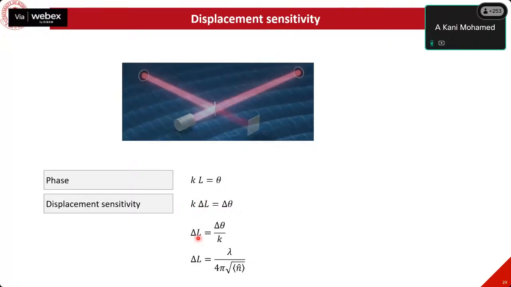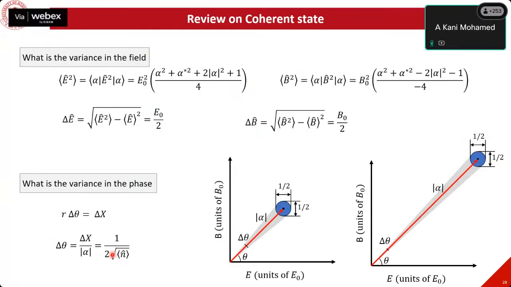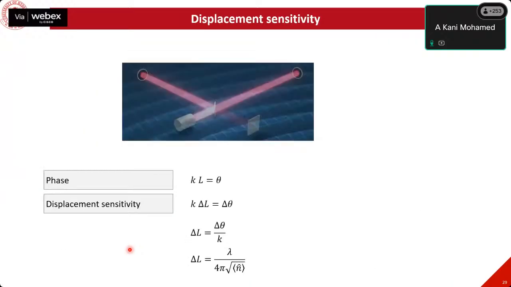So this turns out to be delta theta by k. We have already estimated what delta theta is, that is 1 over 2 square root of n bar, and k is nothing but 2 pi by lambda. So the minimum displacement that we can detect is lambda divided by 4 pi square root of n bar.